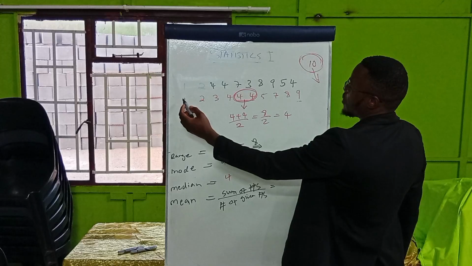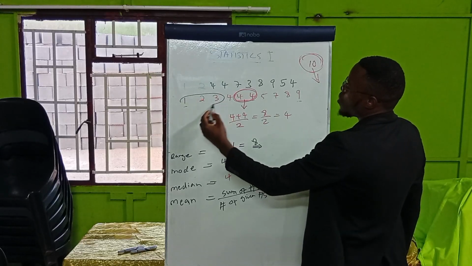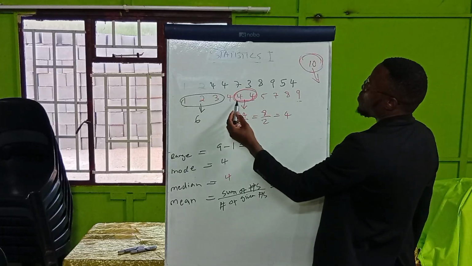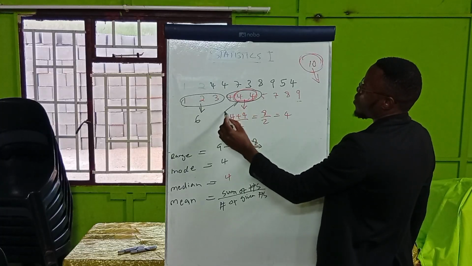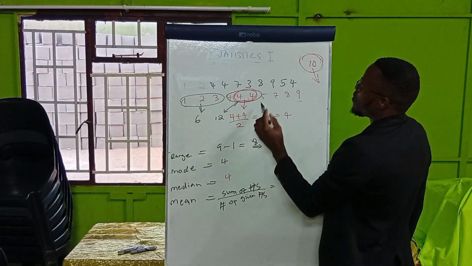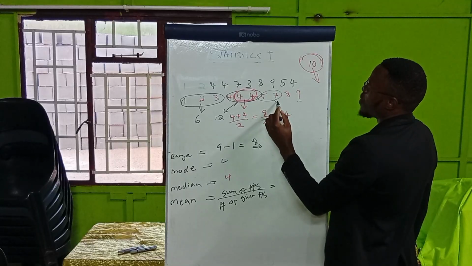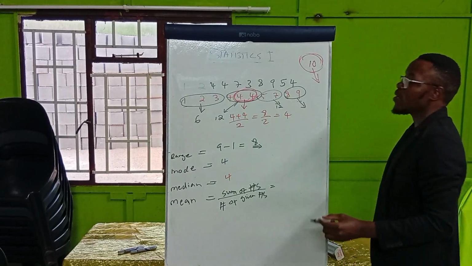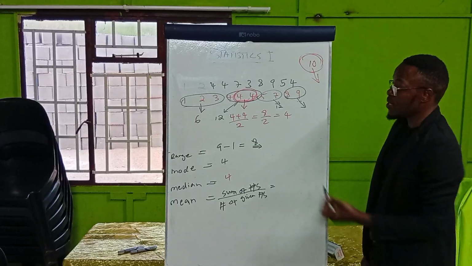So I will add 1 plus 2 plus 3, which will give me 6. 4 plus 4 plus 4 will give me 12. 5 plus 7 will give me 12. And 8 plus 9 will give me 17.